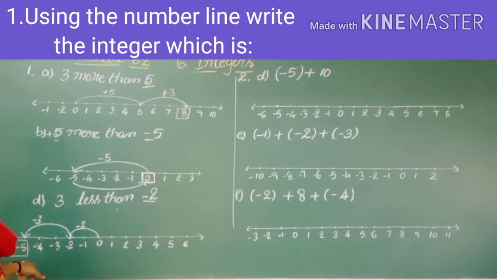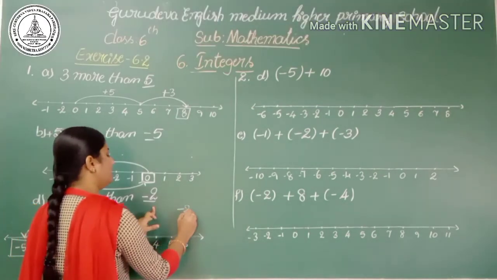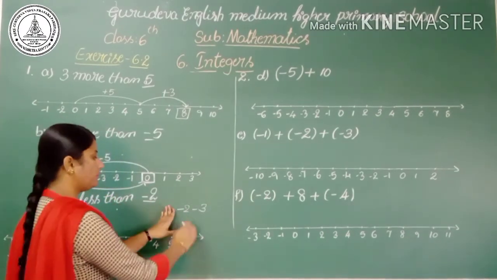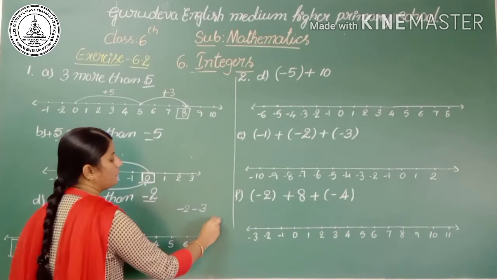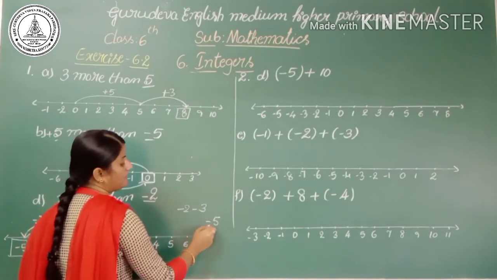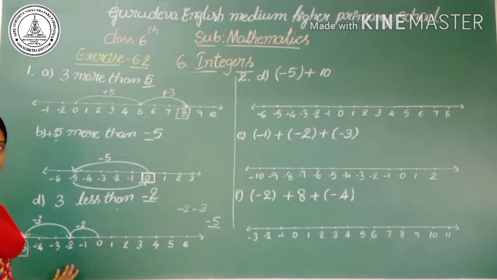So minus 5 is the point we get. Here, 3 less than minus 2 means minus 2 minus 3. These two numbers have the same sign, so we add 3 plus 2 is 5. The greater number is 3, it has a negative sign. Our answer is correct.